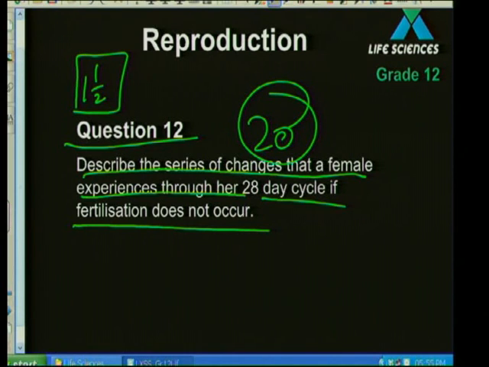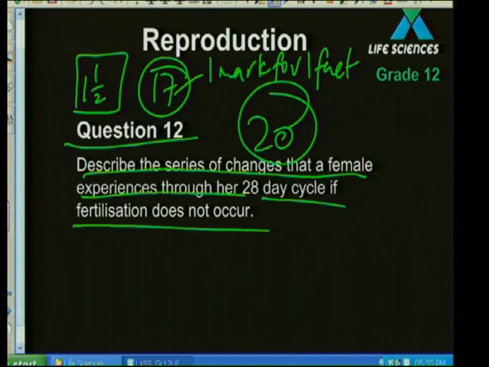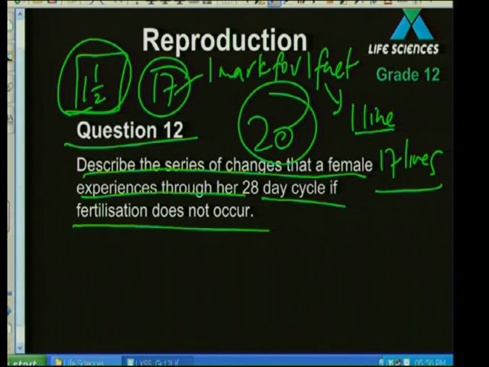If you're writing more than 1.5 pages, then you are including a lot of irrelevant facts, because you're only getting 17 marks for content. That means 1 mark for 1 fact, and 1 fact is on 1 line. So in other words, 17 lines is enough. I'm being generous to say 1.5 pages.